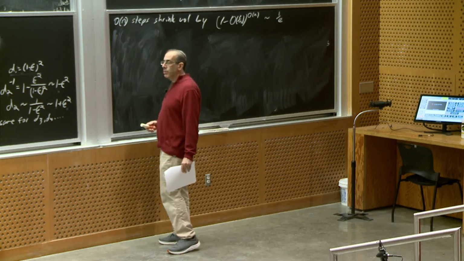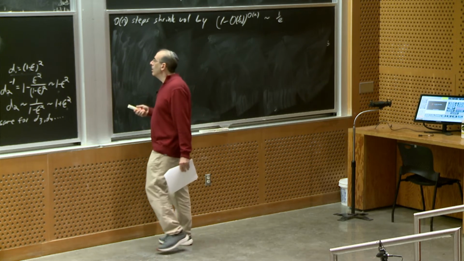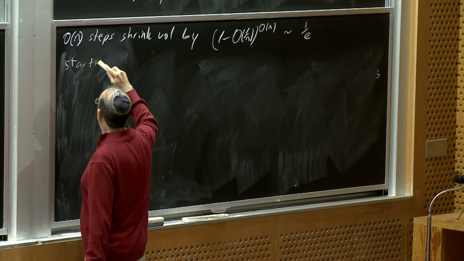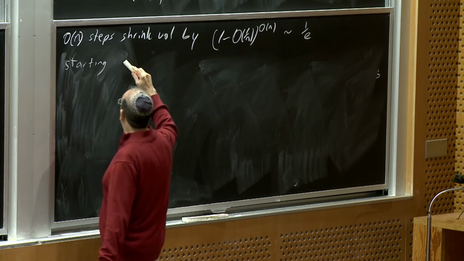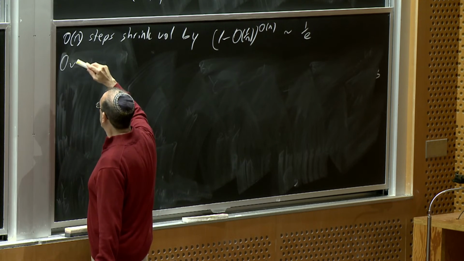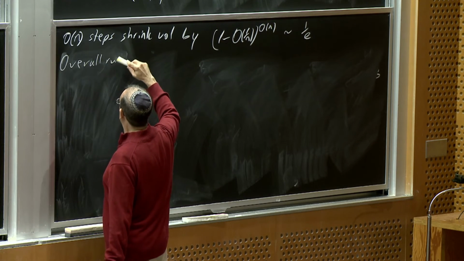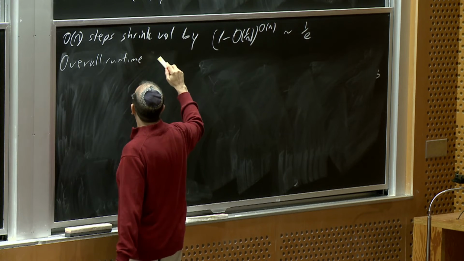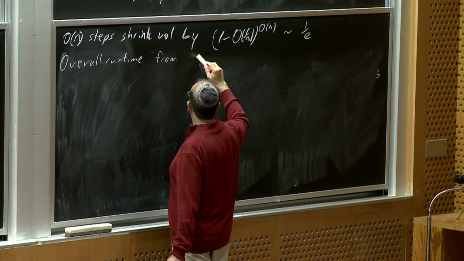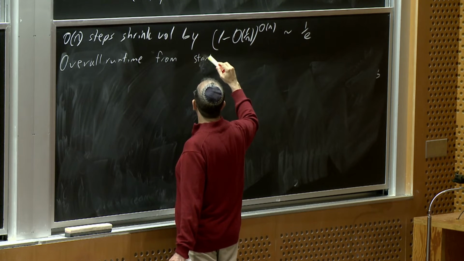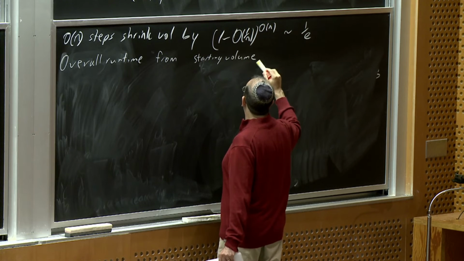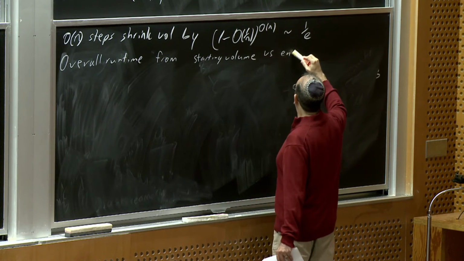So in order to define the entire algorithm, we need to think about the starting and ending of that algorithm. In particular, the overall runtime derives from the ratio of the starting volume to the ending volume.